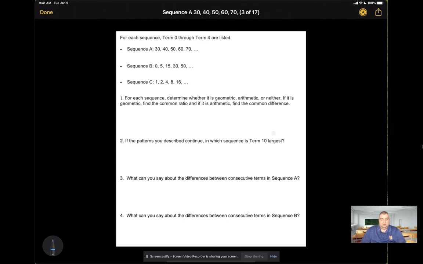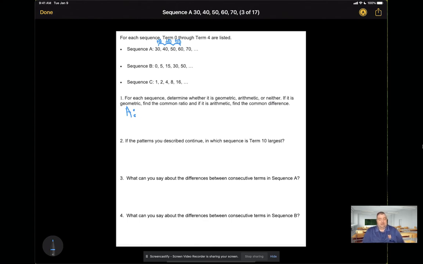So let's start with sequence A. Let's look at our pattern here. As we go from 30 to 40 to 50 to 60, it looks like my pattern is to add 10, because 30 plus 10 is 40, 40 plus 10 is 50, 50 plus 10 is 60, so on and so forth.